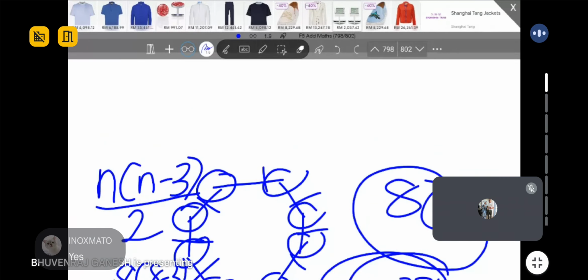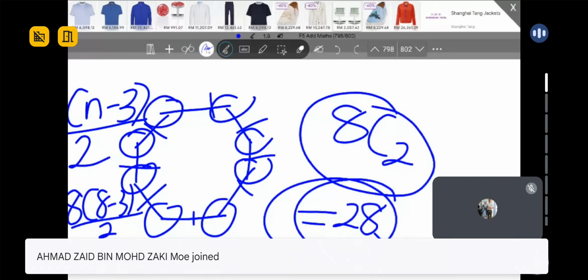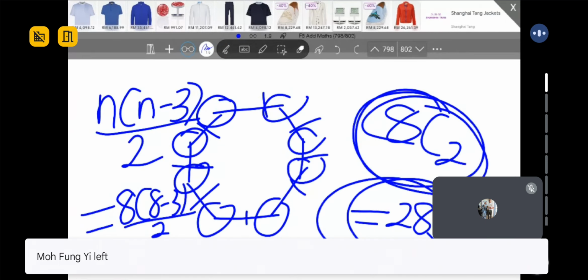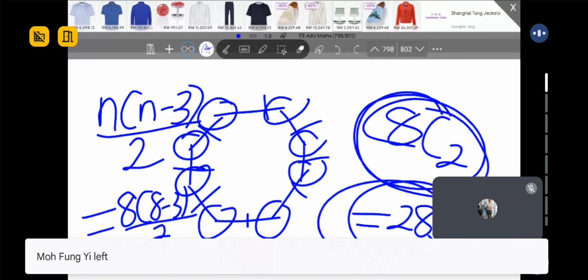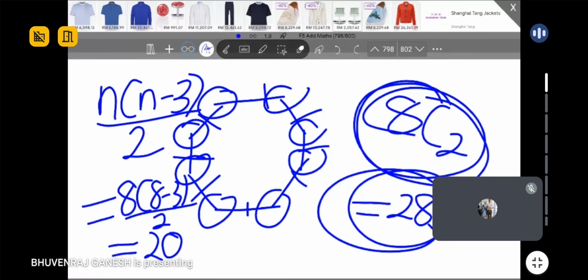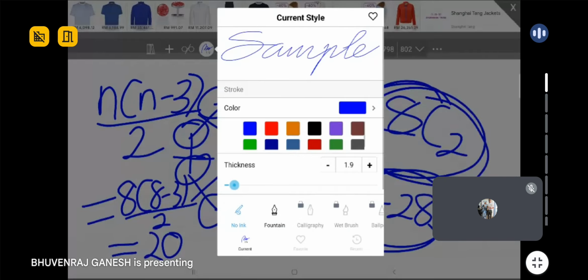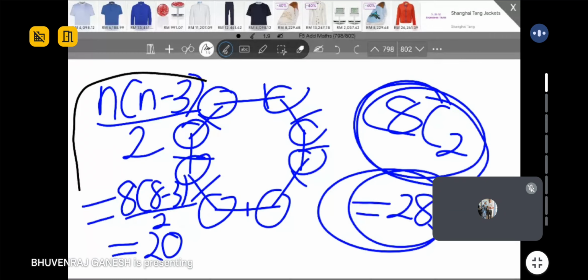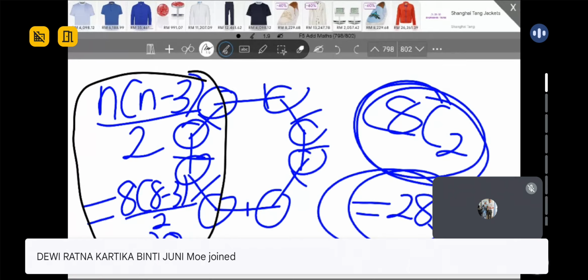So the formula is actually 8C2, but they modify and it becomes like this. If you want to show this method, can also. Kalau kamu tunjuk kaedah ni kan guys, boleh juga. Because usually the concept is untuk add maths, kamu boleh guna rumus dari matematik. That is the concept.